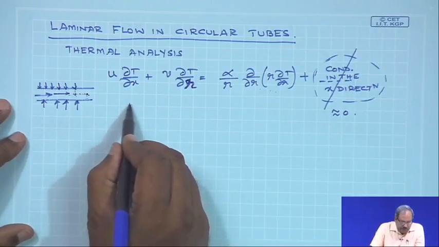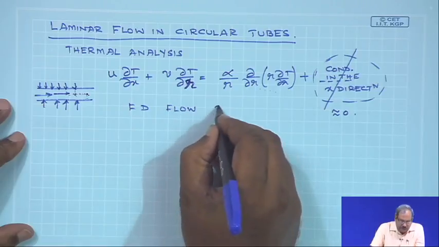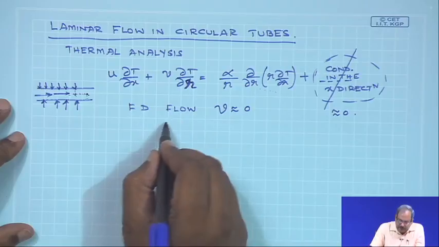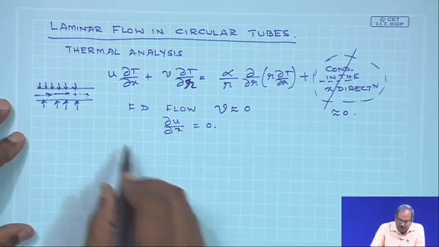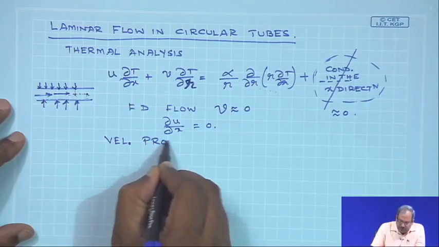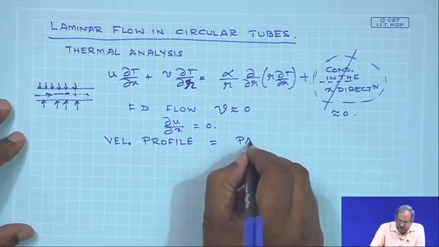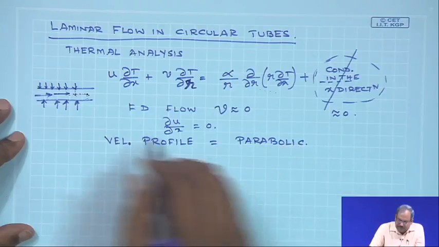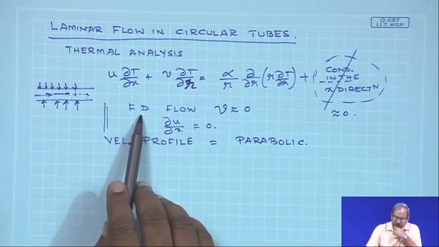And since it is fully developed flow, V can be approximated to be 0, as well as del u del x would also be equal to 0. We also understand that the velocity profile of the fluid which is flowing is going to be parabolic in nature. So, we are making certain simplifying assumptions here, since it is a fully developed flow.